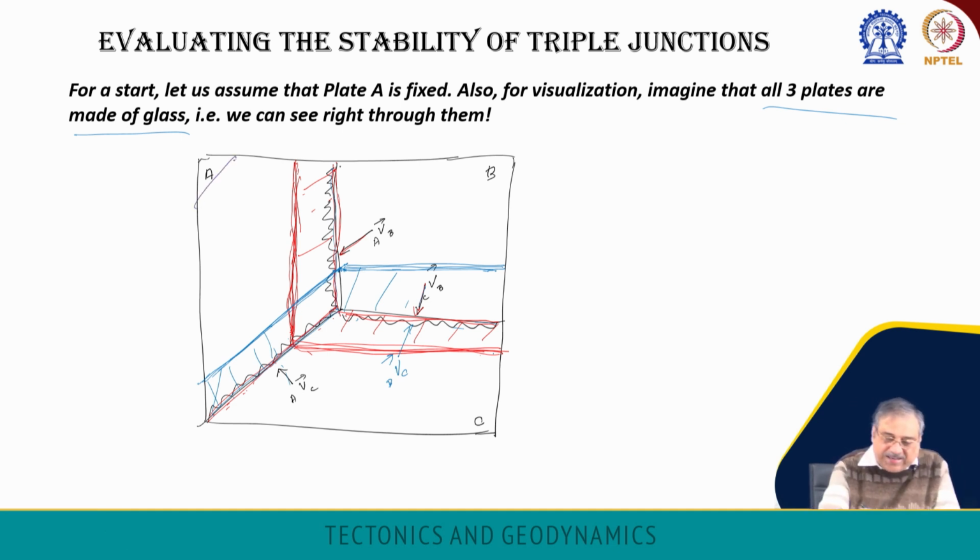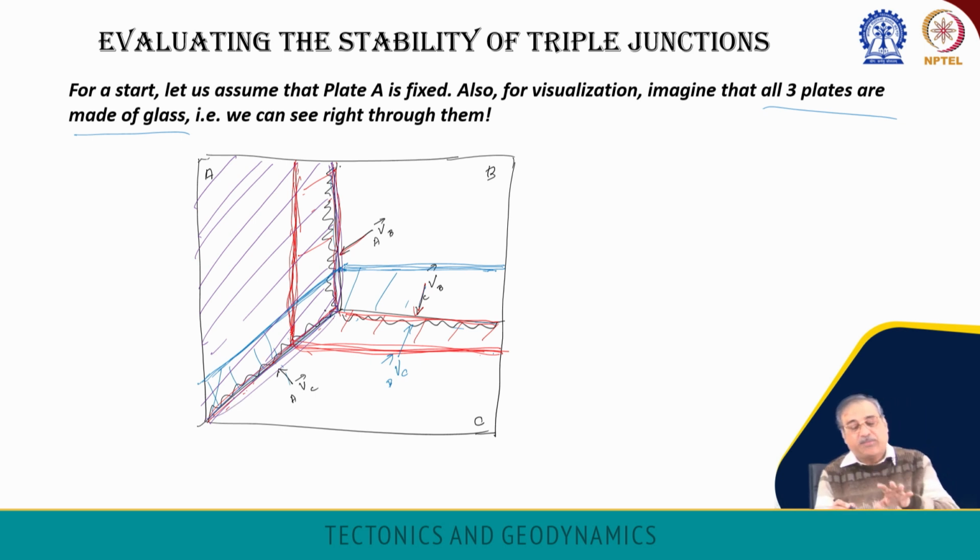So plate A is the one which is overriding. So this is going to be at the top, and the leading edge of particles that makes up plate A, that is this part here and this part here, these would fix the position of the trenches visible from the surface. So this is the position of the trench, and this is what is visible to me on the surface.